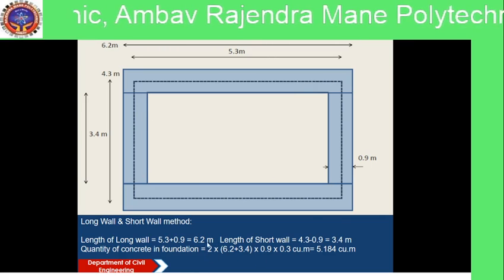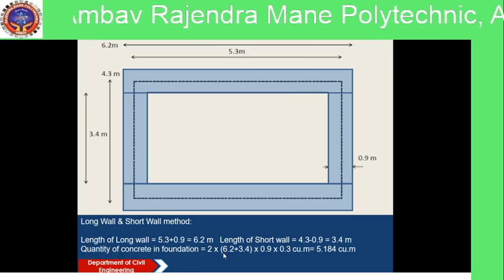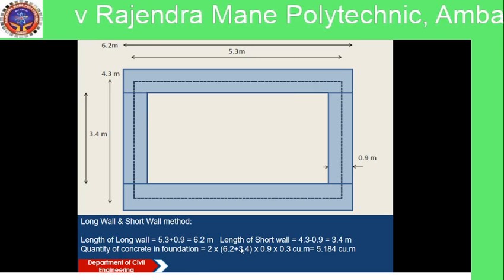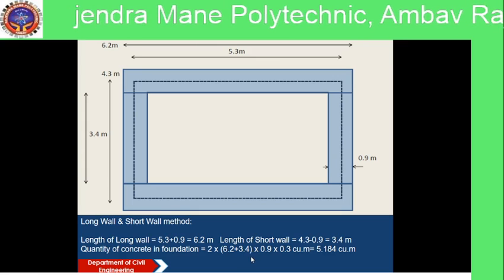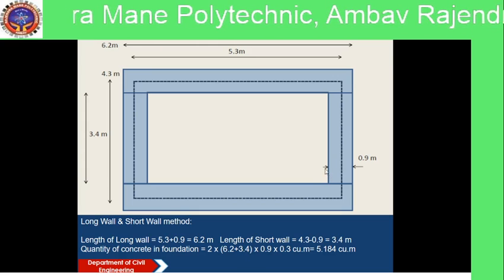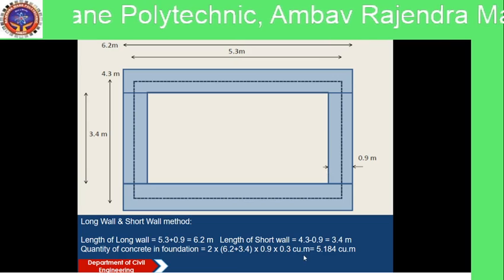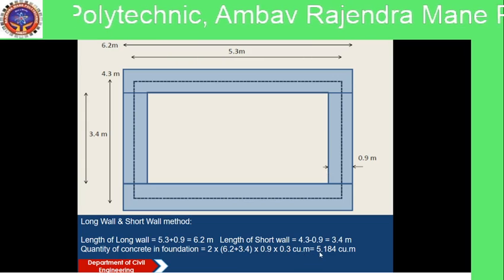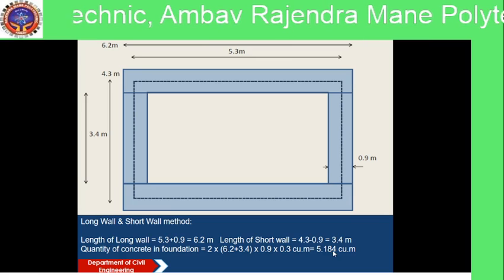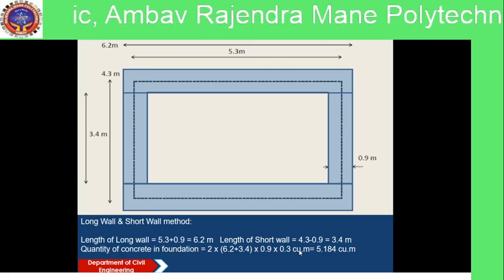So 2 into long wall length 6.2 plus short wall length 3.4, into width of item into thickness of item, is equal to 5.184 cubic meter. Okay.